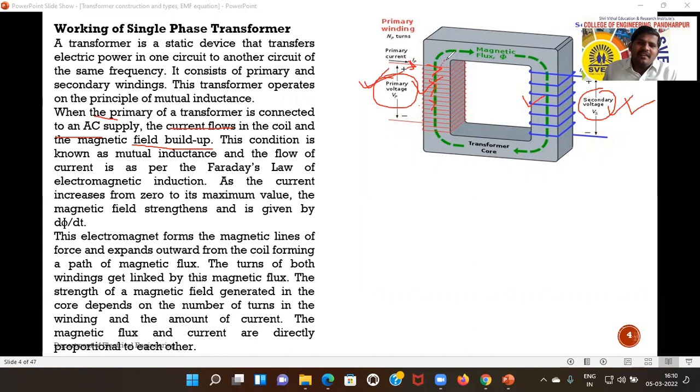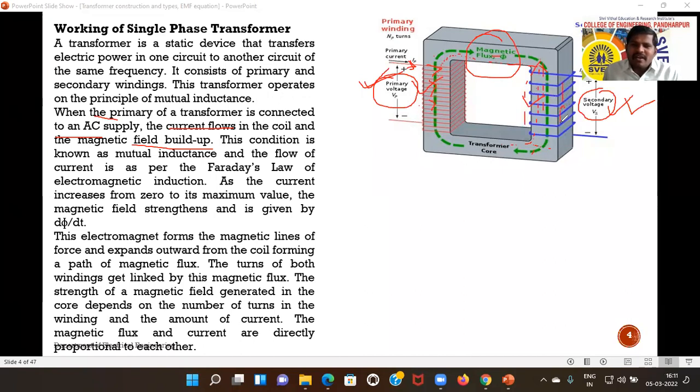This magnetic field passes through this closed iron path. Here it is given, magnetic flux phi. It flows from this coil to this coil. When this flux flows through, at that situation it induces some EMF in this secondary coil.